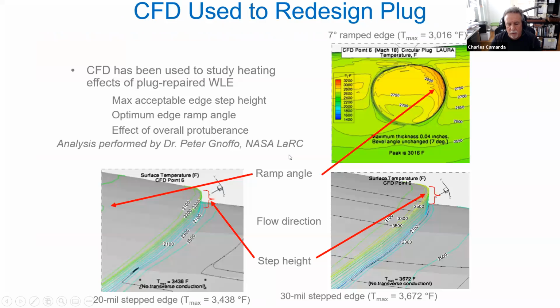Now, one of the things we had to understand was when you put this patch on the outside of the vehicle, the flow hits that patch and it causes heating to be very high. You notice in the upper right in this figure, here's where we had to use what we call computational fluid dynamics analysis that simulates that hypersonic flow.